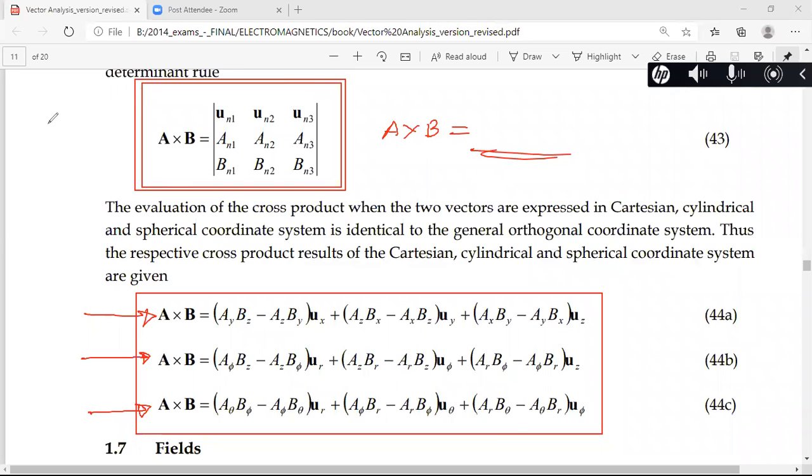This is a general expression. With the support of this general expression, you can write down the result.